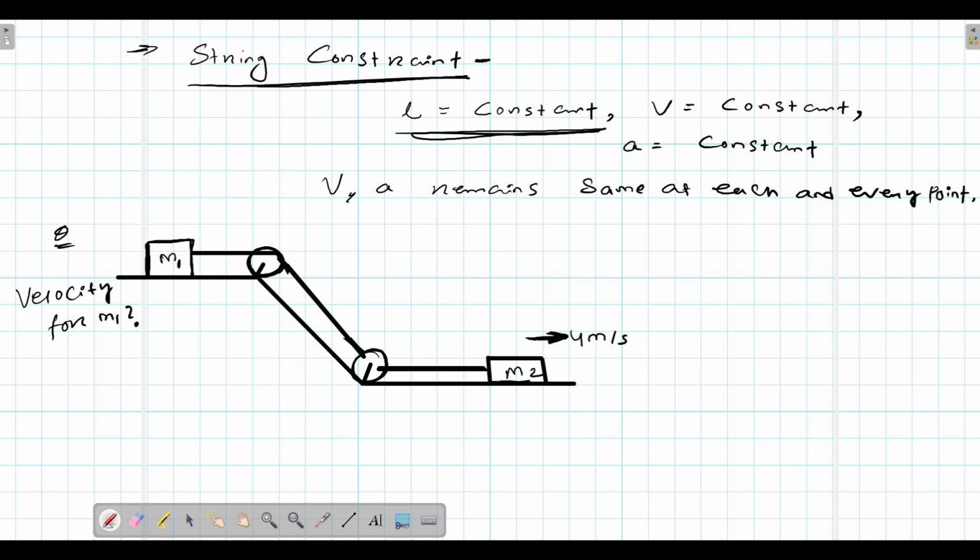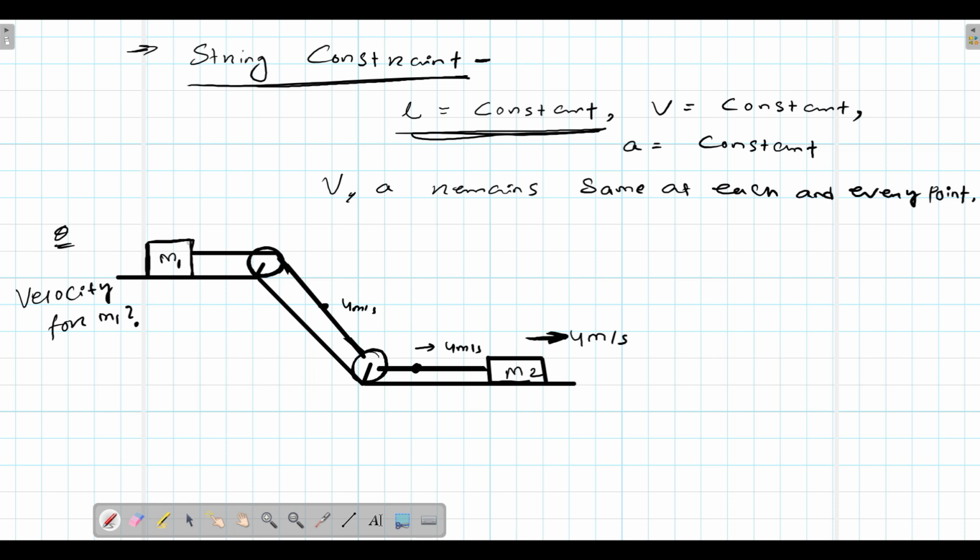So we have to find the velocity for m1. So this point velocity is 4 meter per second. This velocity is also 4 meter per second.